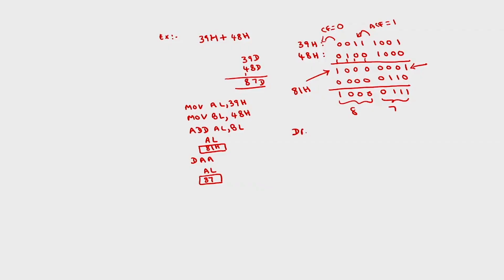Similarly, we have the next instruction, called DAS, decimal adjust AL, the same thing but after subtraction. This will be used in BCD subtraction.